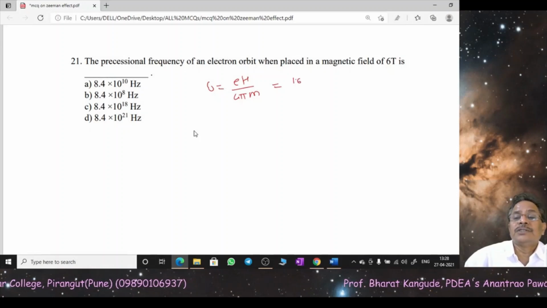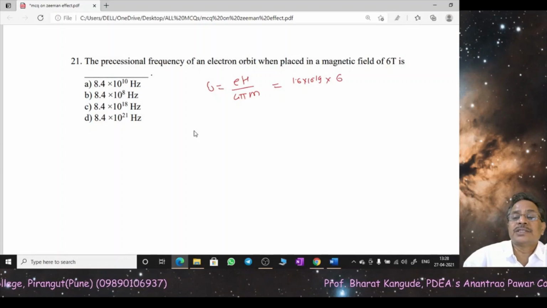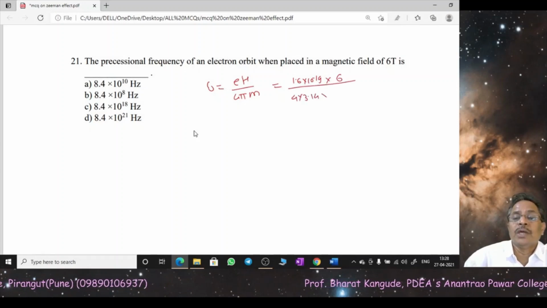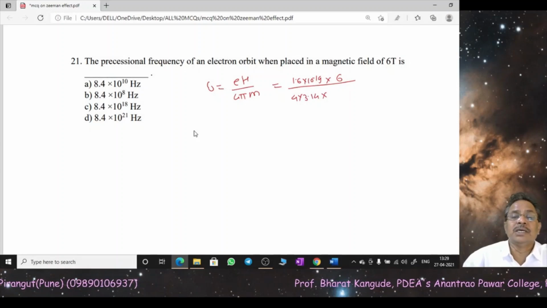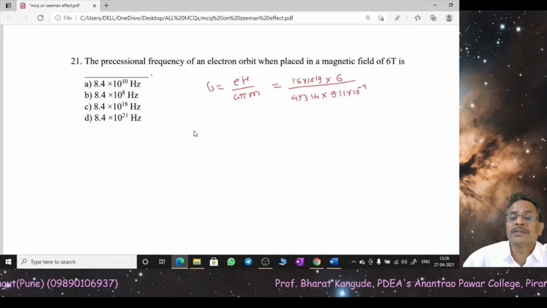It is 1.6 into 10 raised to minus 19 coulomb, multiplied by 6 Tesla, divided by 4 into 3.14 into mass 9.11 into 10 raised to minus 31.